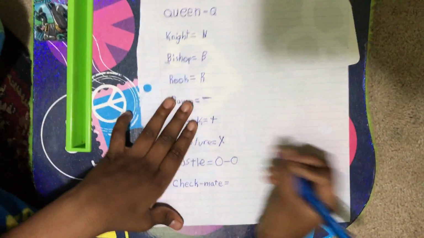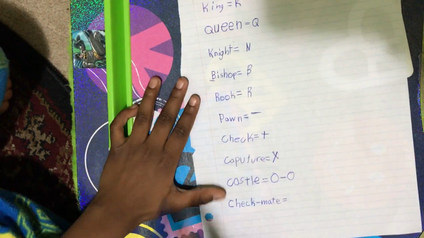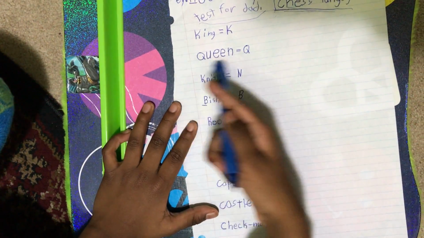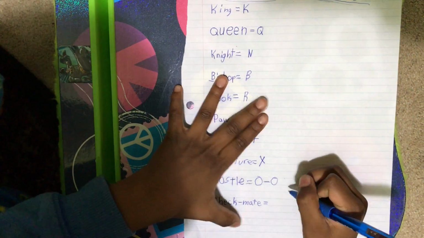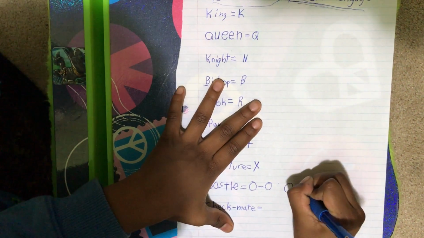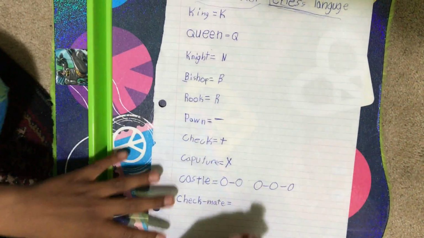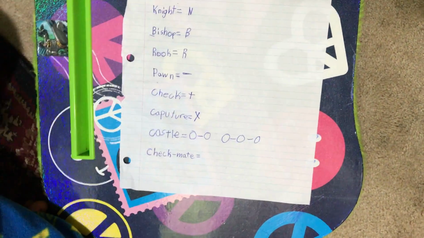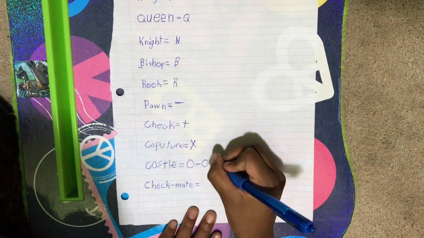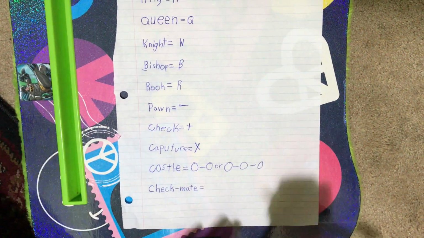So castle, if you're doing it the short way, is O-O or O dash O. And then long castle, which has the queen in the middle, is O-O-O. And let's put an or in here because we don't want them to know that this whole thing is one thing, so it would be an or.